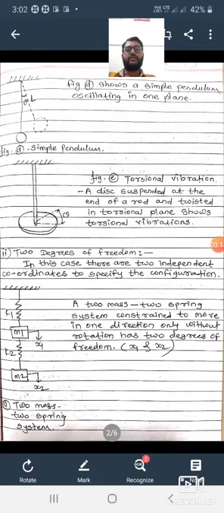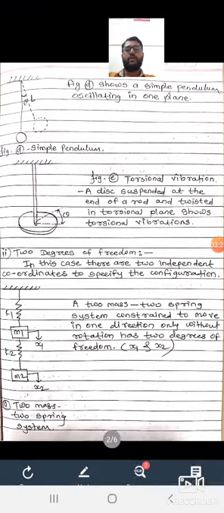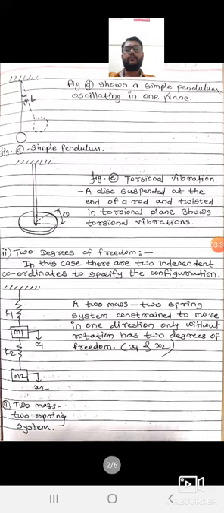So students, next type is 2 degrees of freedom. In 2 degrees of freedom there are two independent coordinates to specify the configuration. The first diagram shows a two mass and two spring system. Here stiffness K1 and K2 are shown for the springs, M1 and M2 are the masses, and X1 and X2 are the displacements.